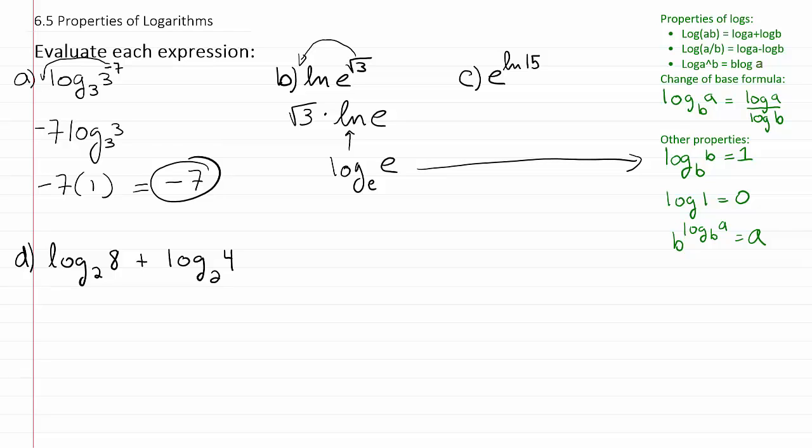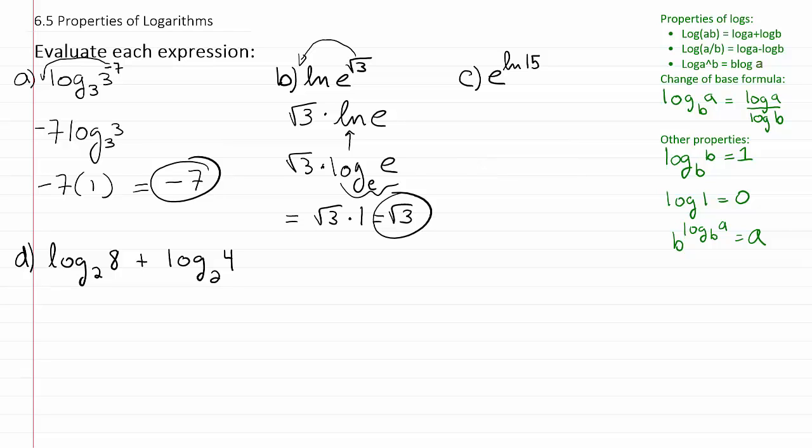Whenever you're taking the log of b and your base is b, the answer is just 1, right? So whenever the base and what you're taking the log of match up, you can just say that the overall result is just 1. So bringing down my square root of 3 times ln of e, we can say that ln of e just evaluates to 1. So we end up having square root of 3 times 1, or just the square root of 3.